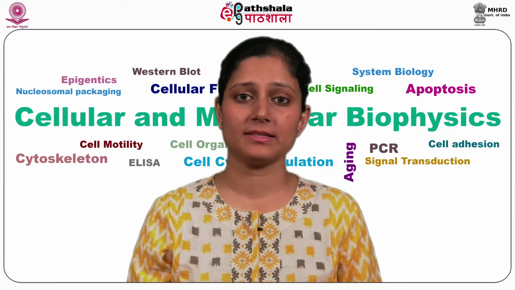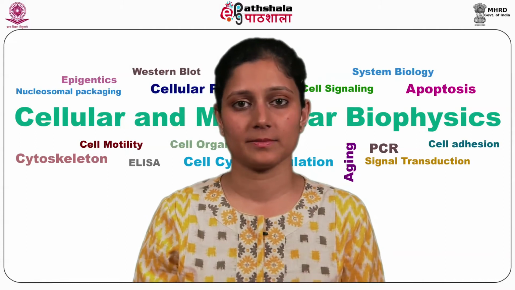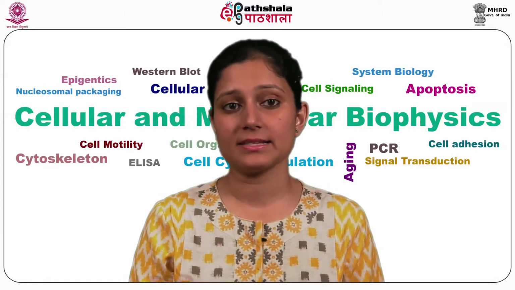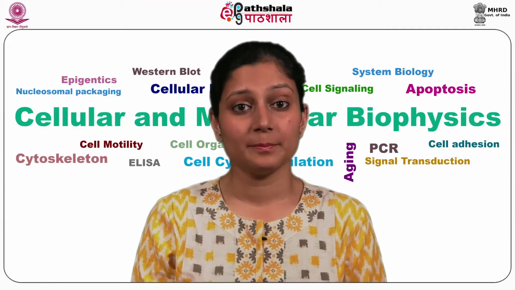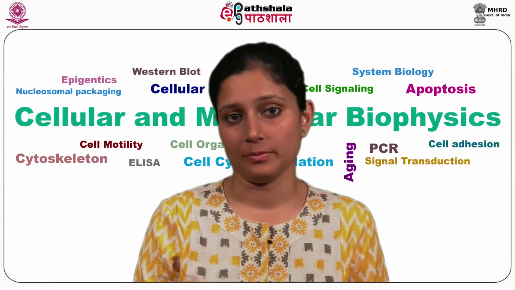The Y complex is the main component of cytoplasmic and nuclear rings. These rings are involved in various important processes like mRNA export and DNA repair. The Y complex is an essential scaffold unit within the NPC, depletion of which abolishes the nuclear pore complex formation.